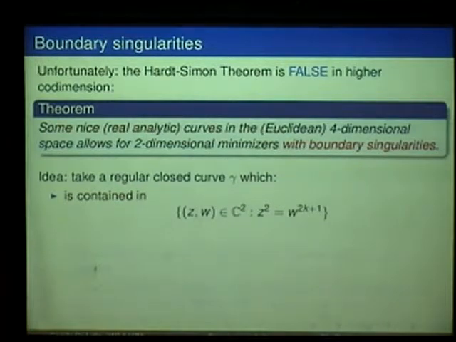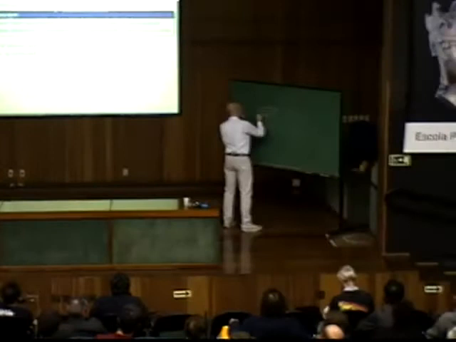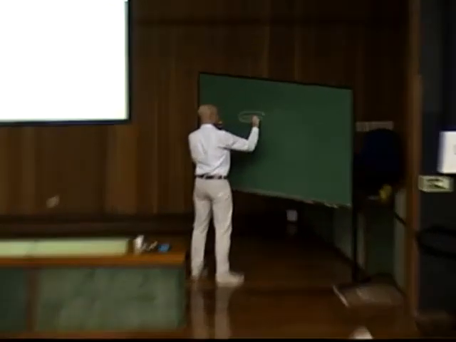Now, I'm very bad at drawing, but the idea would be something like this. Here you have, say, your disk. Here you have a branching. So you start at some point here, you go around the branching for a certain amount of time, and then you join it through the singularity.